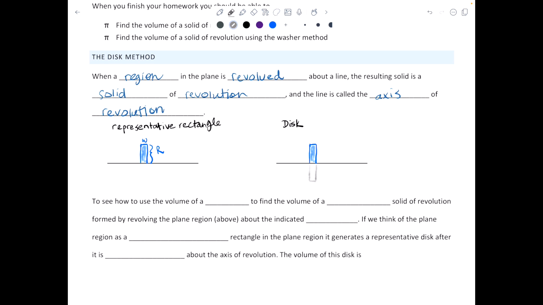And so when you think about making this rotation, you basically have your disc go around something like this. Actually, kind of hard to draw, but I'm doing my best.